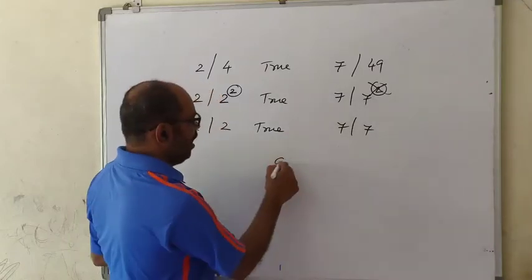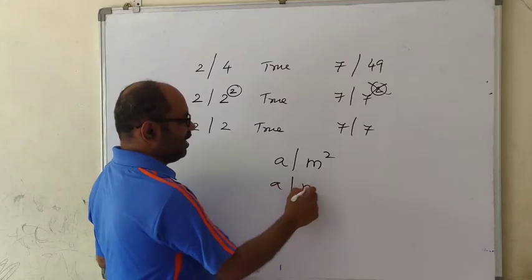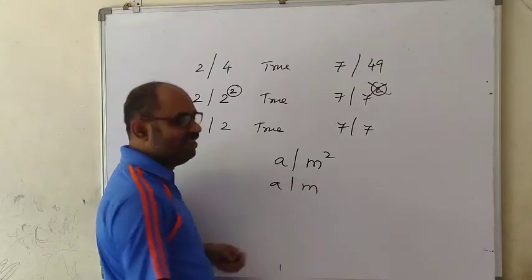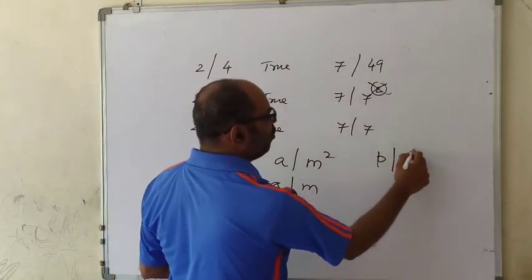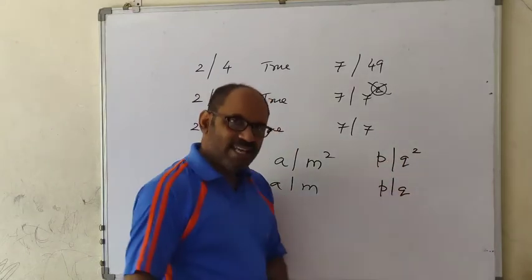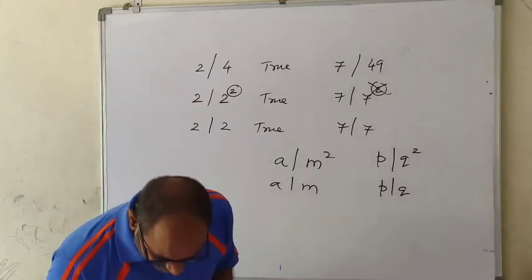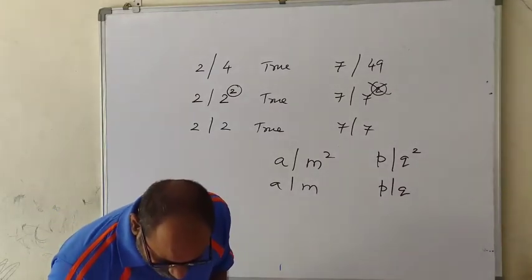Now look. A divides m square. Then can you say A divides m? Definitely. P divides q square. Can you say P divides q? Yes. Correct. And that is the statement of Theorem 1.3.